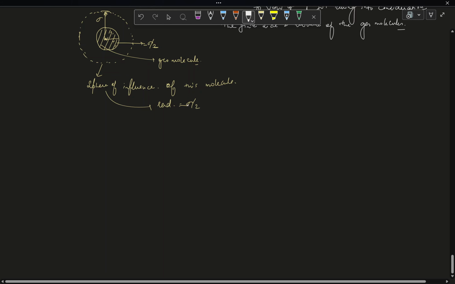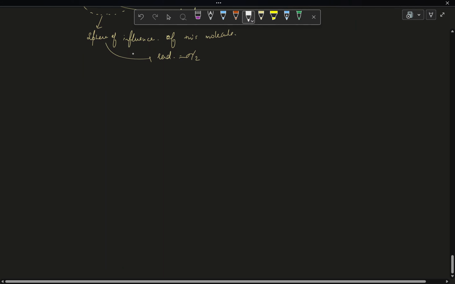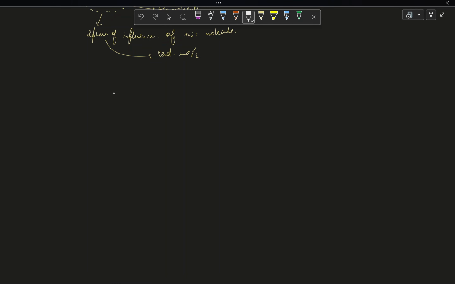Now, without making it too rigorous, I will just directly write down that there is an established formula relating the co-volume, that is the correction term B, and the volume of the gas molecules. So the formula is that B is equal to 4 times the volume of a single gas molecule.